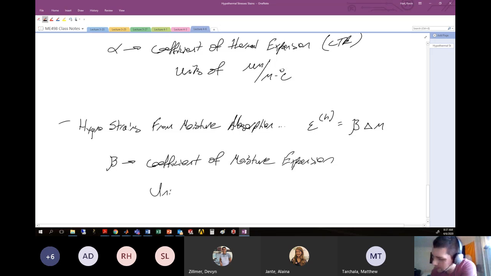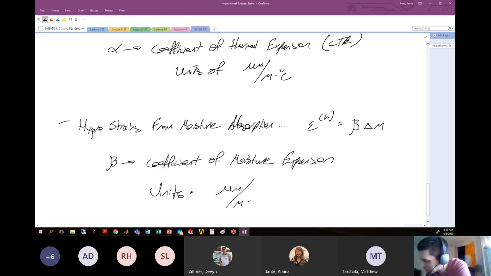And here the units are a bit weird, so let's talk through it. This is going to be, again, something like micrometers, so how much my piece is expanding in terms of micrometers per meter of material. So I'm going to expand by a certain number of micrometers for every meter of material I have, and not for every degree C change that my piece goes through like I have for the thermal strains, but for every gram of water for every kilogram I absorb.